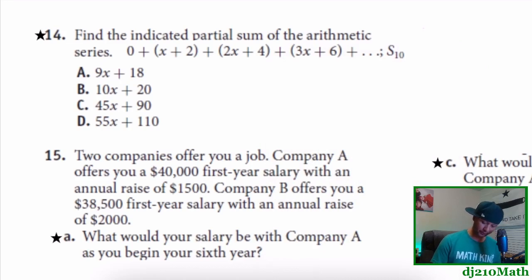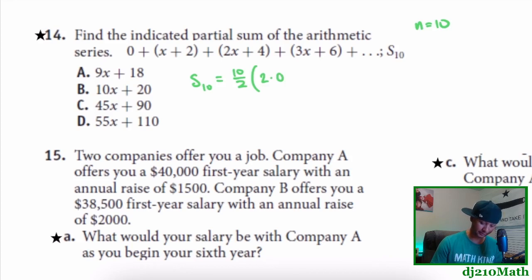All right, so if n is equal to 10, right? N is equal to 10. We'll take S sub 10, which is going to be 10 divided by 2 times 2 times the first term, which in this case is 0.